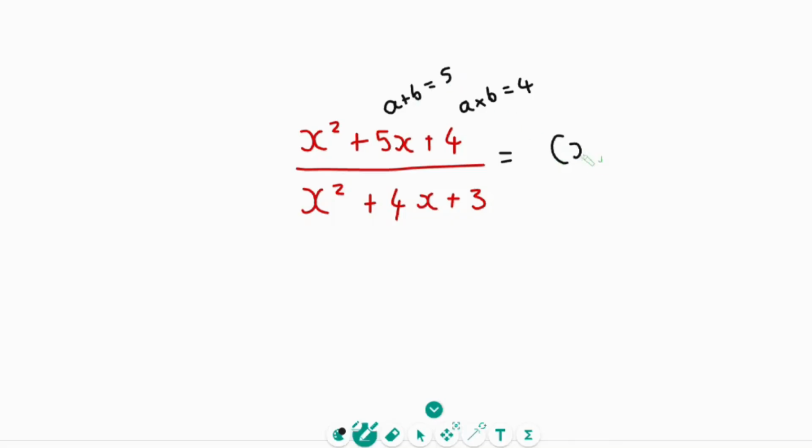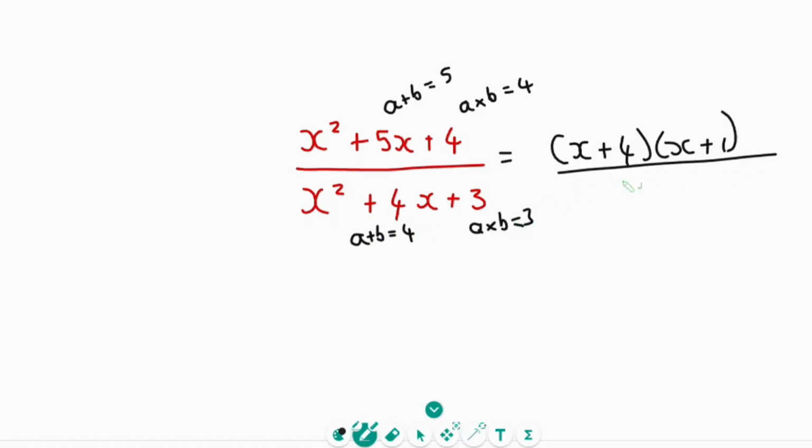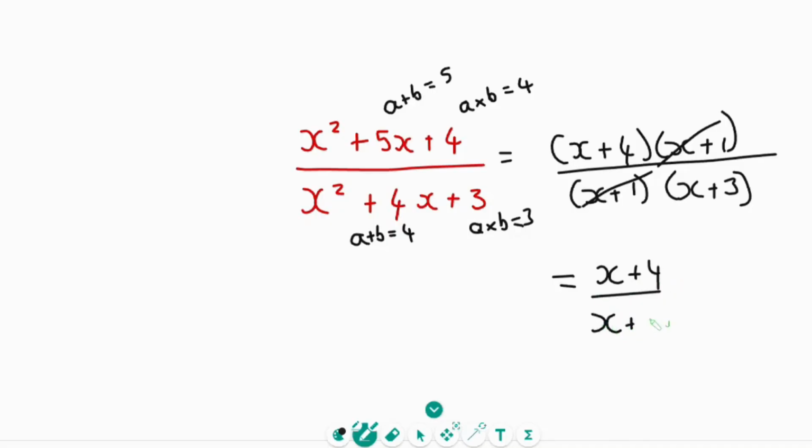So we've got x plus 4, x plus 1 on the numerator. Denominator, we have two numbers that multiply to get 3 and add to get 4. 1 and 3. Now we can simplify. X plus 1 cancels out. So my final answer is x plus 4 over x plus 3.